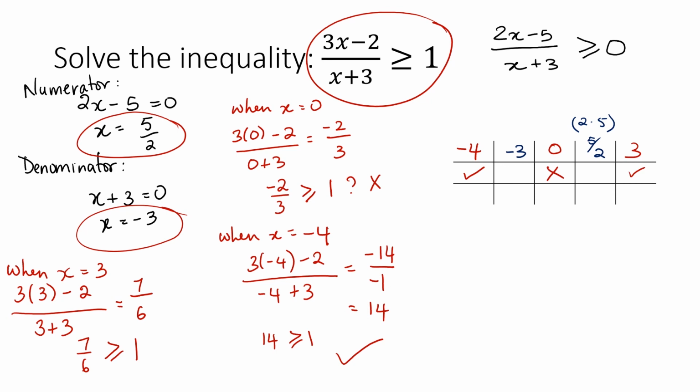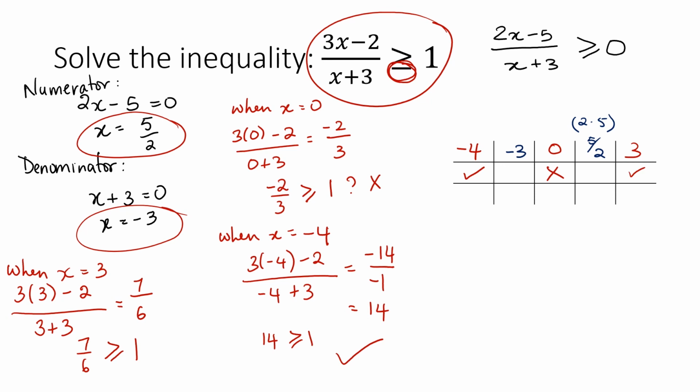But let's look at something. We also have the equal sign right here. Okay, so we have to know what values to include. So we include our -3 and our 5/2, but one of them we cannot include. Which one do you think it is? If you guess that x is -3, then you are very correct, because if x is -3, then we will end up having 0 in our denominator. So x cannot be equal to -3.